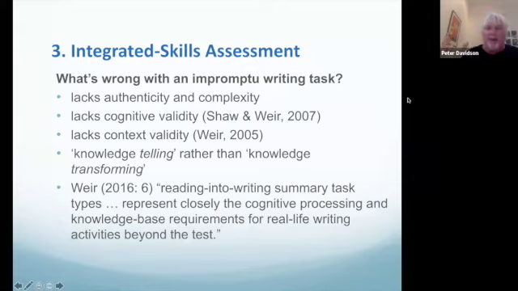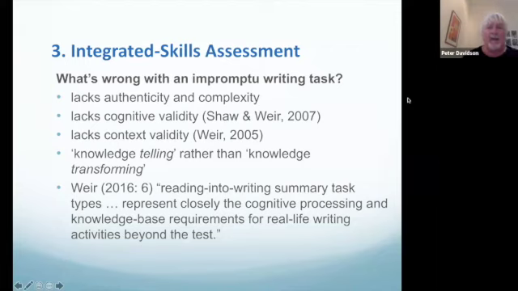I mean, an impromptu task is 30 minutes. It's 500 words long, and it's marked using a certain criteria. That's not the kind of writing that students do in the real world. They do a writing task that lasts 3 or 4 weeks. It's 1,500 words long, and they read and they research and they maybe get lectures about it and they synthesize all that information.